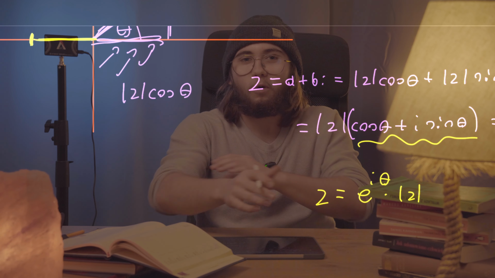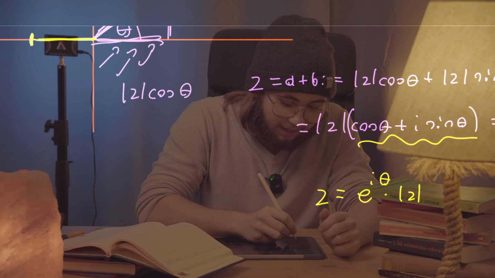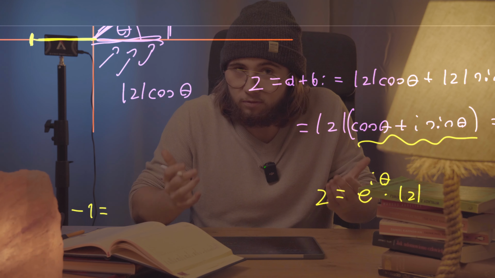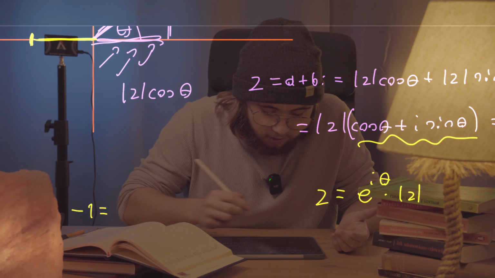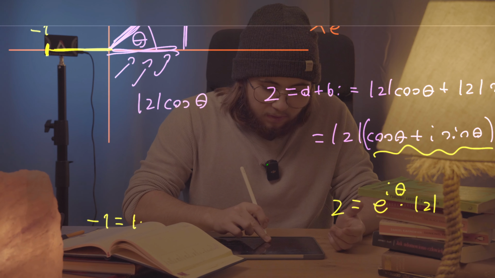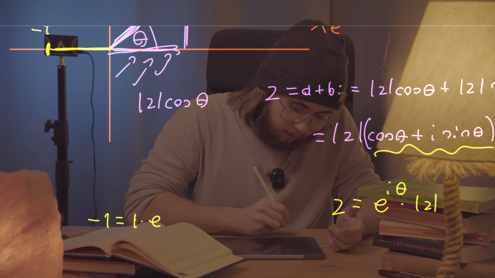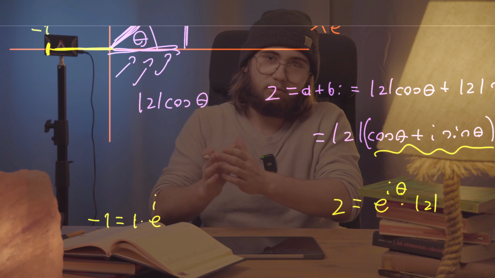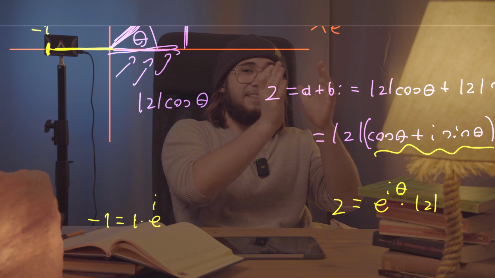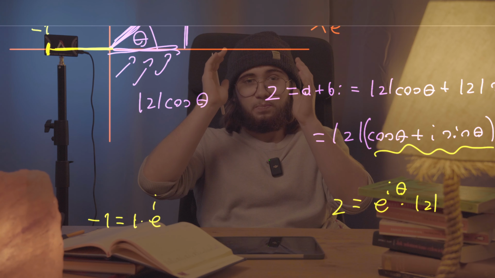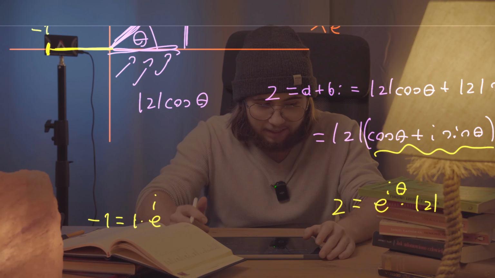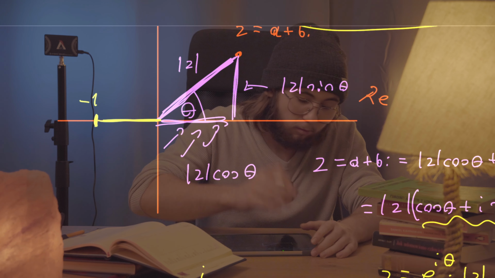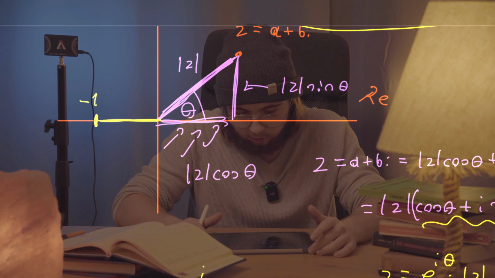So what is the distance of -1 from the origin? Well, that's just the absolute value of -1. That's just a 1. And then we have to multiply by e to the i multiplied by the angle between the real axis and the line segment that connects the origin and that number we are trying to write in that complex form, a polar form actually it's called.